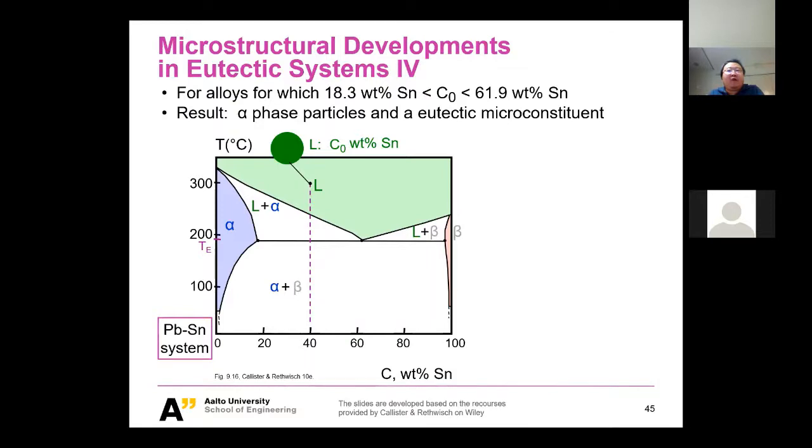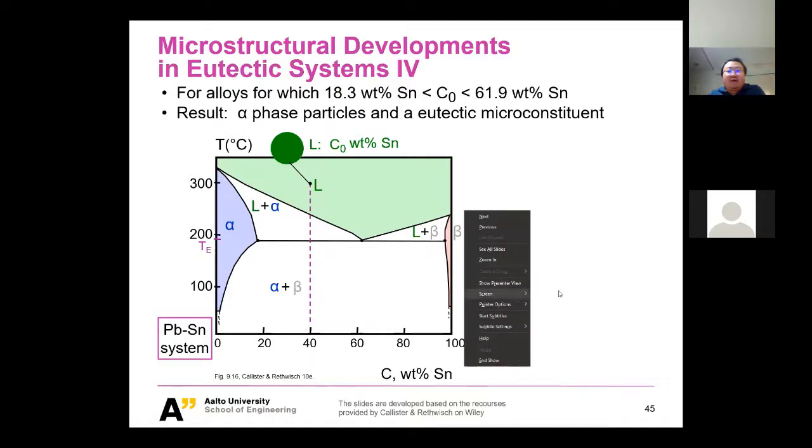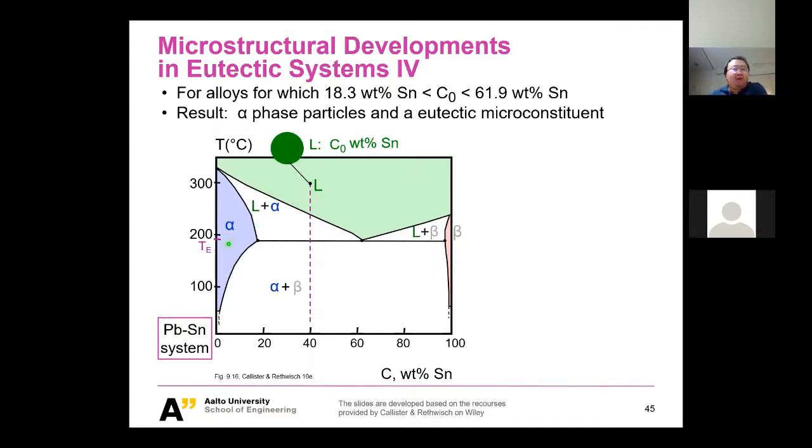For example, in this lead and tin phase diagram, you have both an alpha phase and a beta phase, but this kind of solid solution only lasts for a very small range when we go from 0 to 100% tin added to the lead matrix.